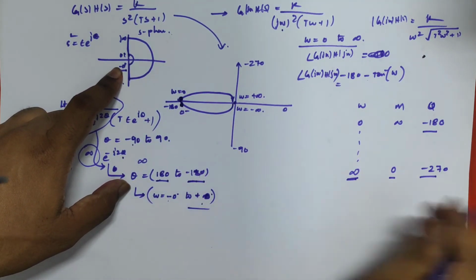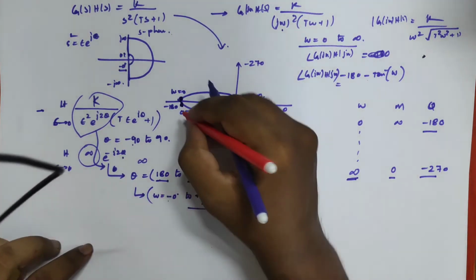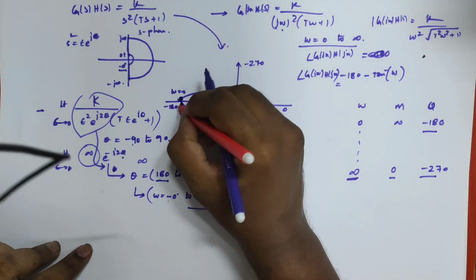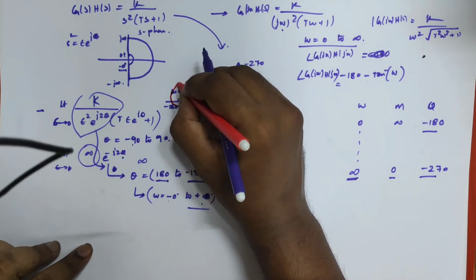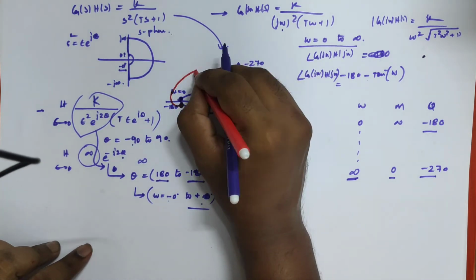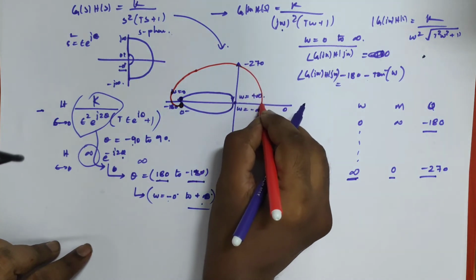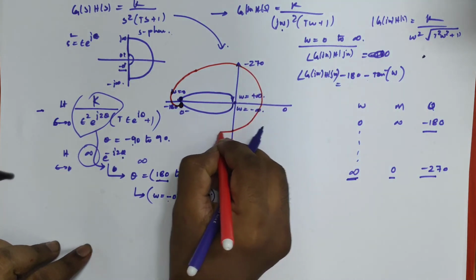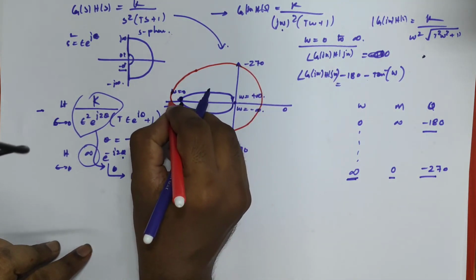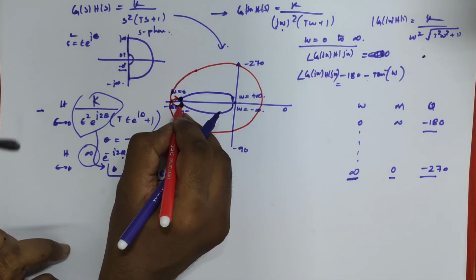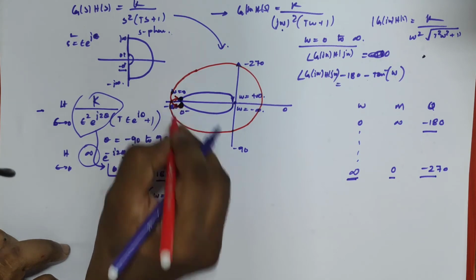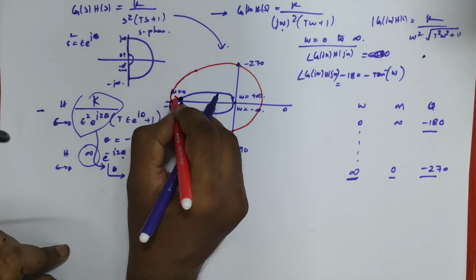That means it will start its journey from minus 180. My contour of two poles starts the journey, and it will again enter like this. With minus 180 it is getting outside, and with plus 180 it is getting inside.